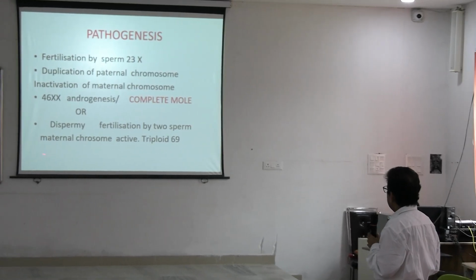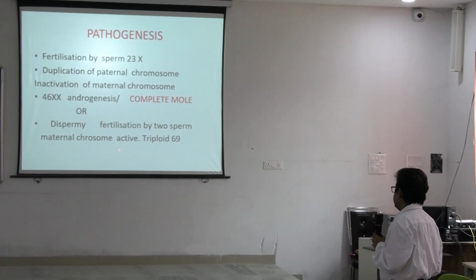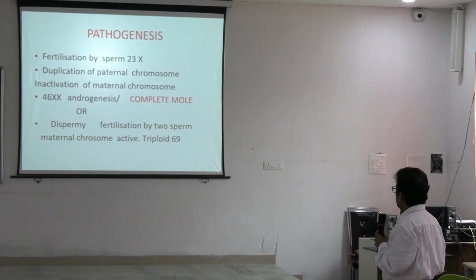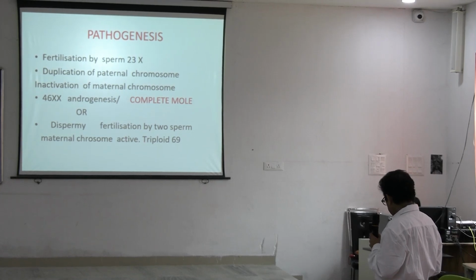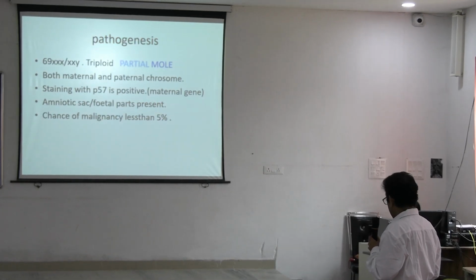If the maternal chromosome is active, there will be a triploid, 69. This one is the partial mole.